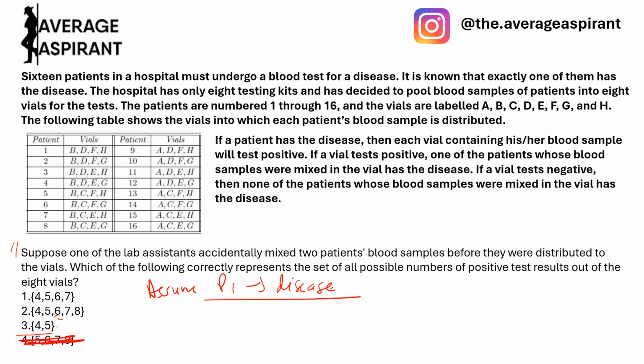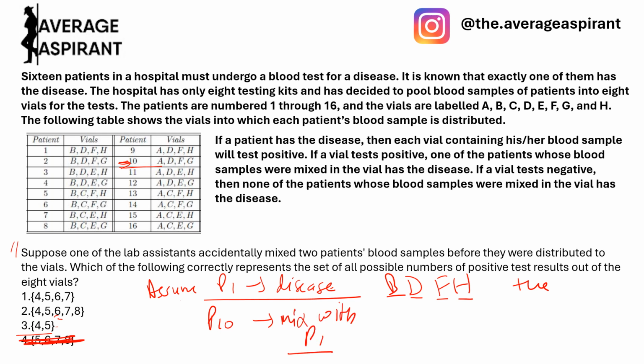So we see how we can mix P1's blood with someone who has 2 in common. P1 is B, D, F, H. So these are positive for now. There are 4 vials which are positive: B, D, F and H. Now we see patient number 10. Patient 10 does not have the disease but will mix with P1.